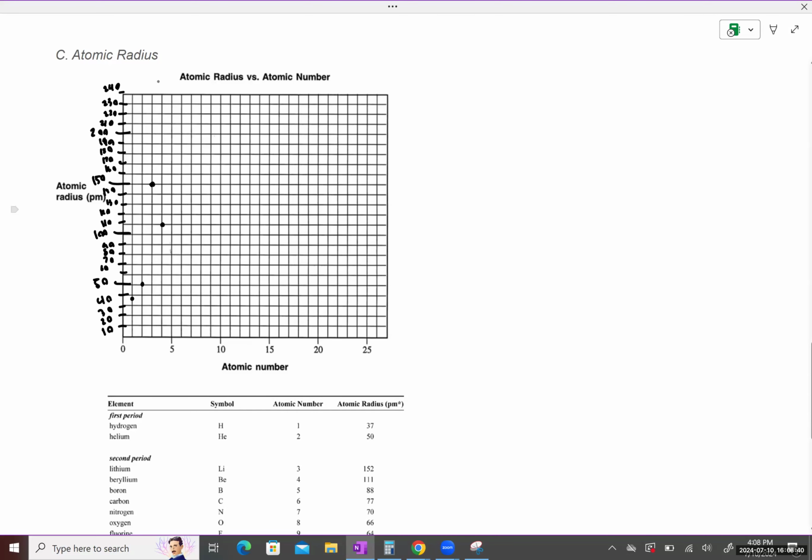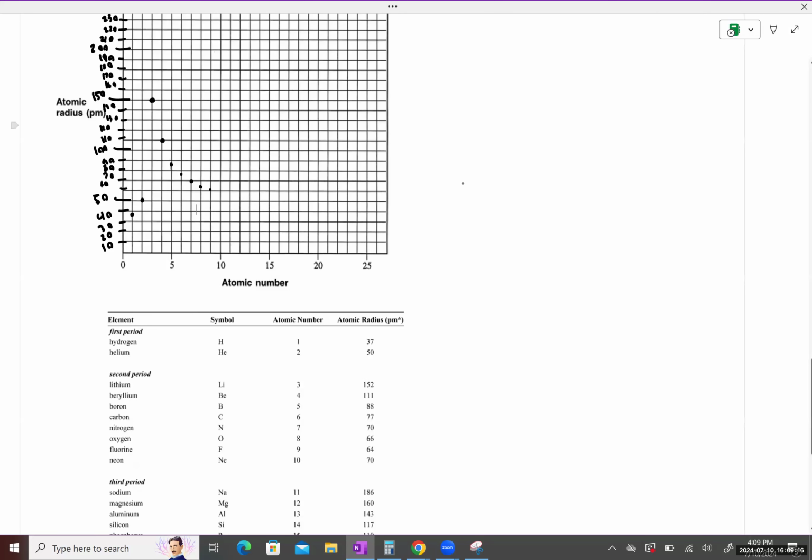So continuing, we plotted beryllium, now boron. Okay, carbon. Now for nitrogen, oxygen, fluorine, neon, and sodium.